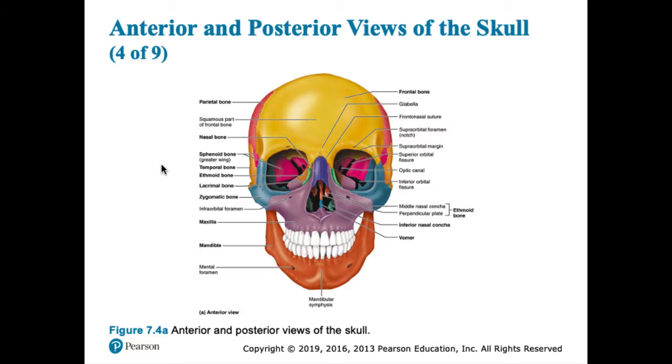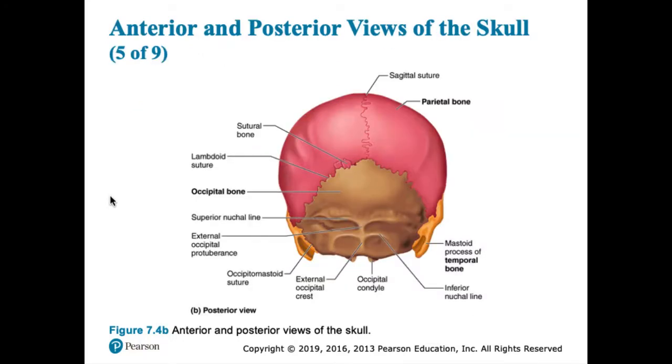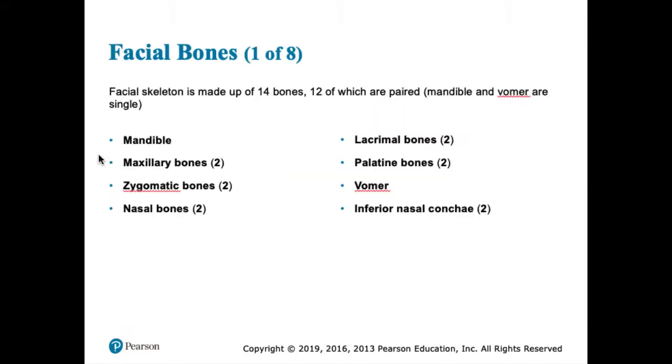I know this seems like a lot that we're going through, but as you sit down and learn them, a lot of these images are repeating images, so don't let that overwhelm you. So again, you've seen these images, making sure that you understand each of those. And all the sutures, remembering each of those.